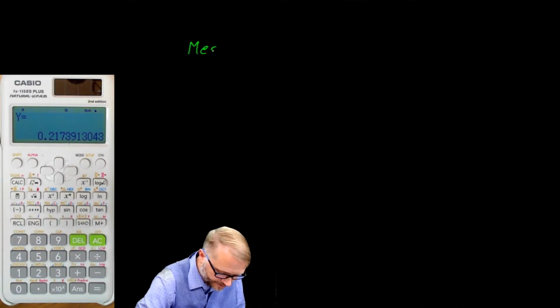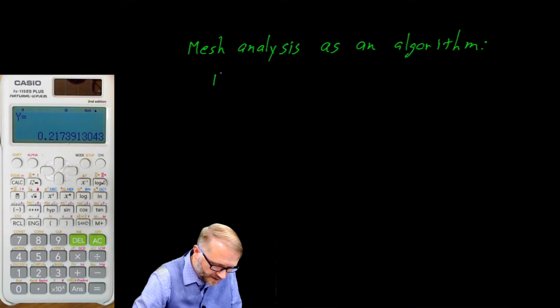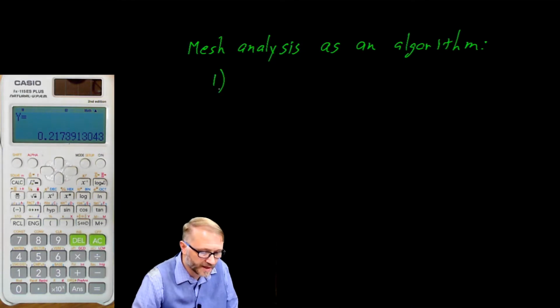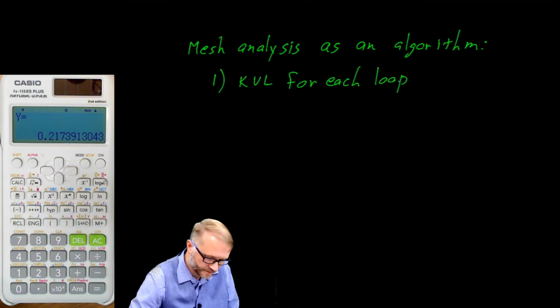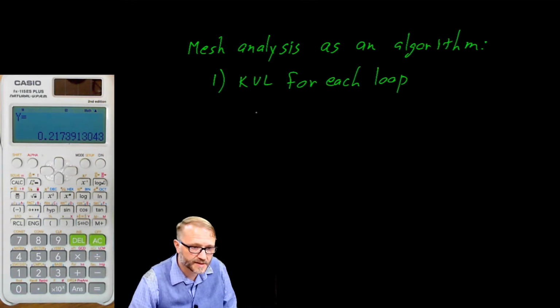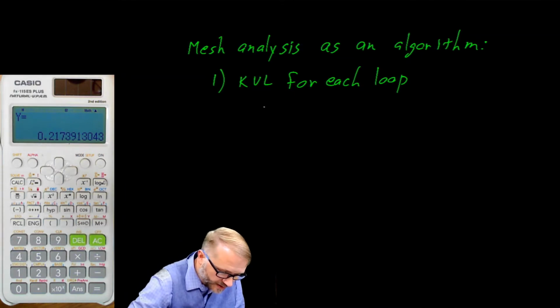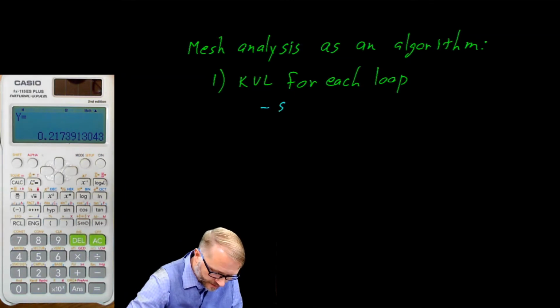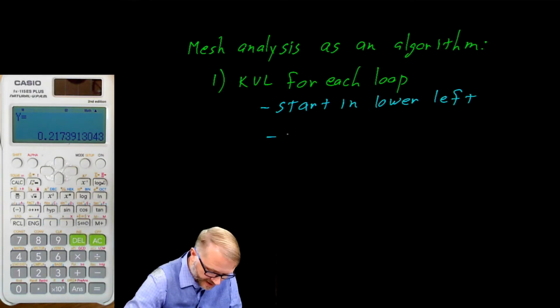You could think of mesh analysis as an algorithm. So the steps are, we write a KVL equation for each loop. To simplify this process and to convert it into muscle memory, I would recommend you always start in the lower left corner. Always move in a clockwise direction.